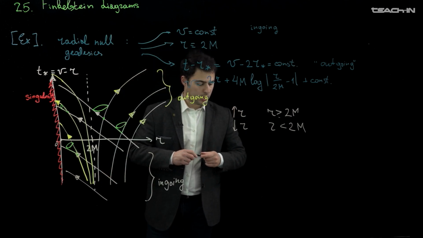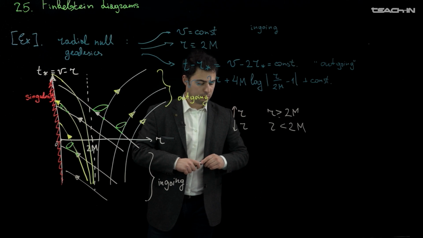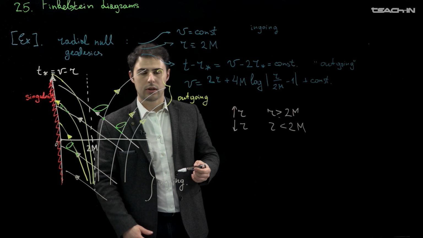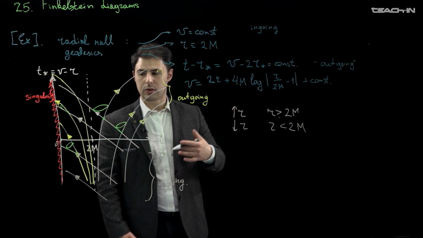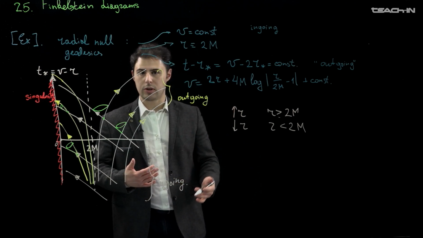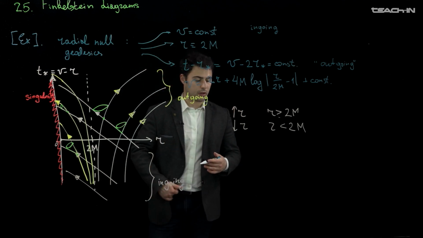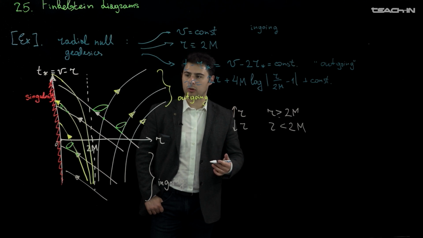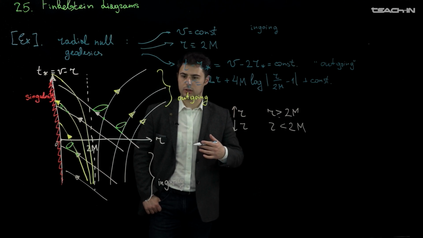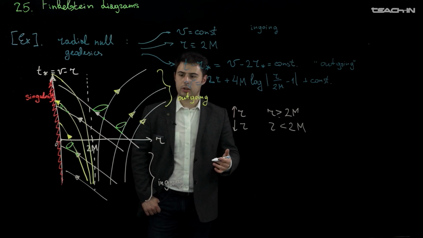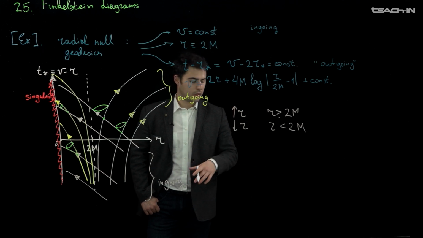So the question is, does the radius decrease for any possible causal curve starting in the interior region?